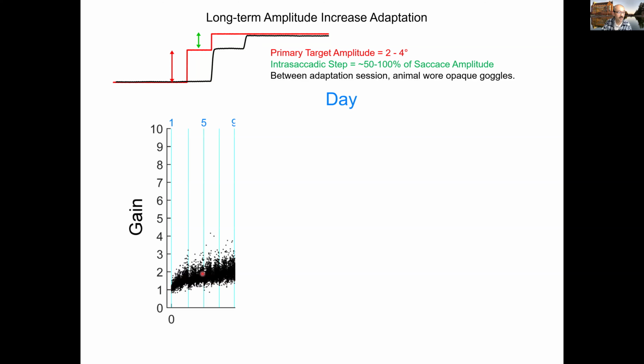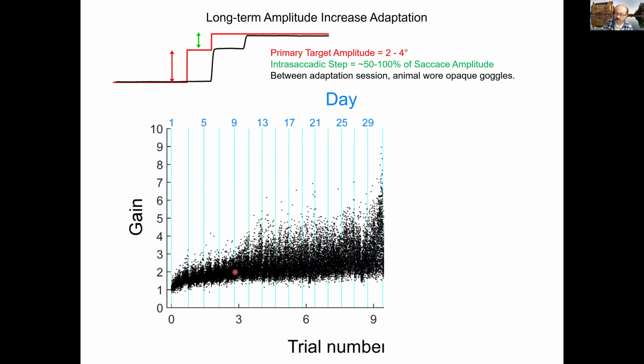Now next, after day 8, the gain of the saccade is about 2. As you can see, as more and more days progress, the distribution of the gain becomes wider and wider, and more skewed.